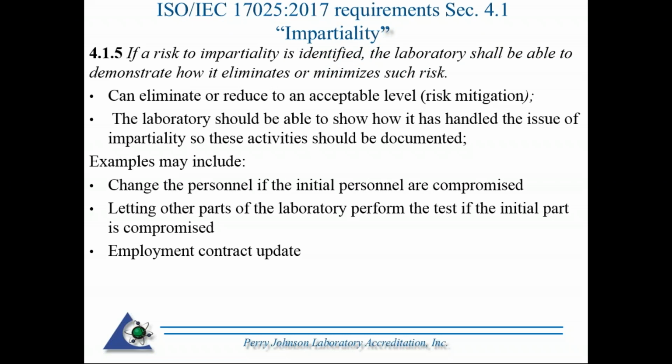Okay, so let's say we've analyzed impartiality. This is a requirement in 4.1.5: if a risk to impartiality is identified, the laboratory shall be able to demonstrate how it eliminates or minimizes such a risk. So you can eliminate, if there is a risk, or reduce it to an acceptable level.